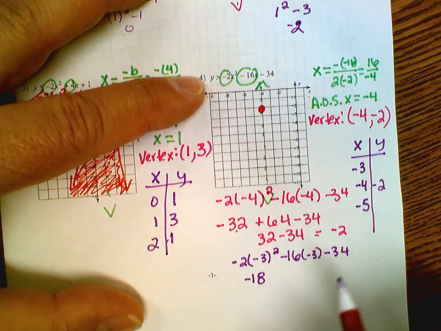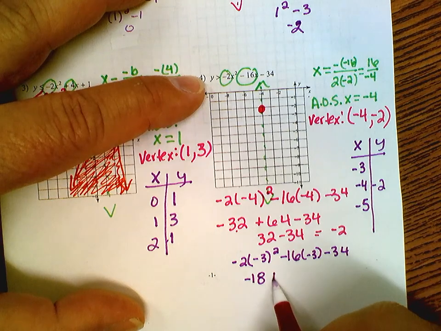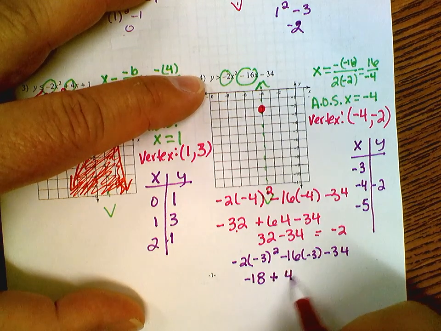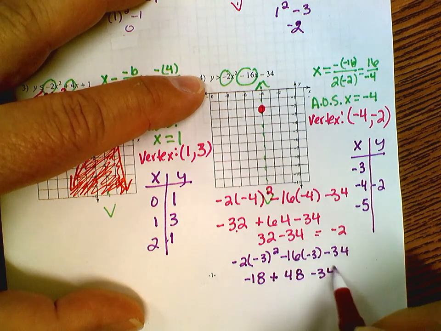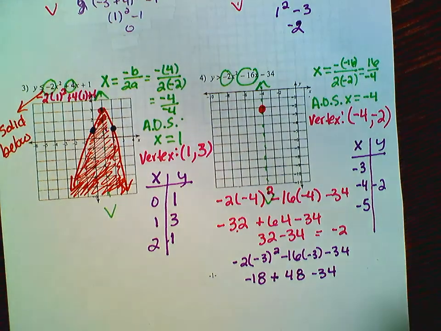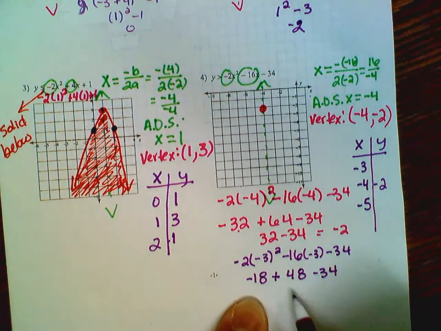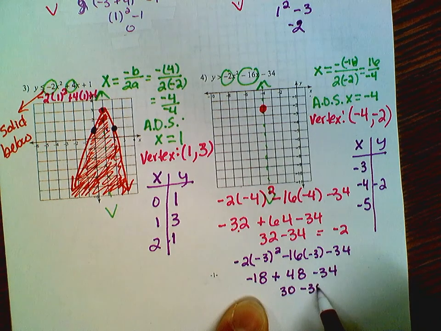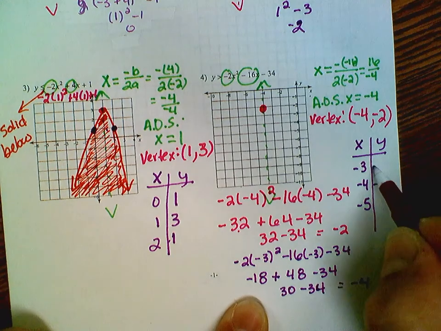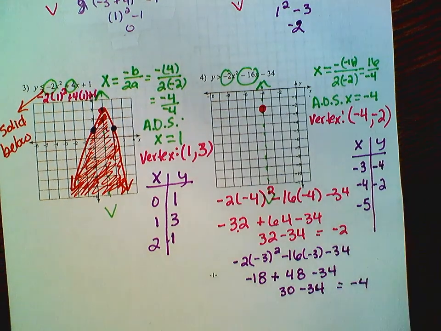Negative 3 times negative 16 is a positive 48. So then I have negative 18 plus 48 is 30. And 30 minus 34 is negative 4. So I should have negative 4 there.